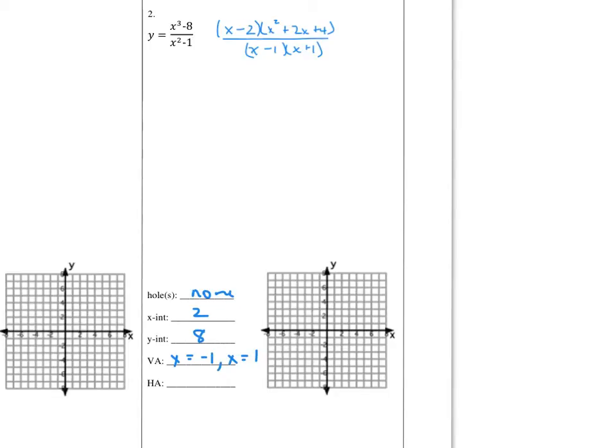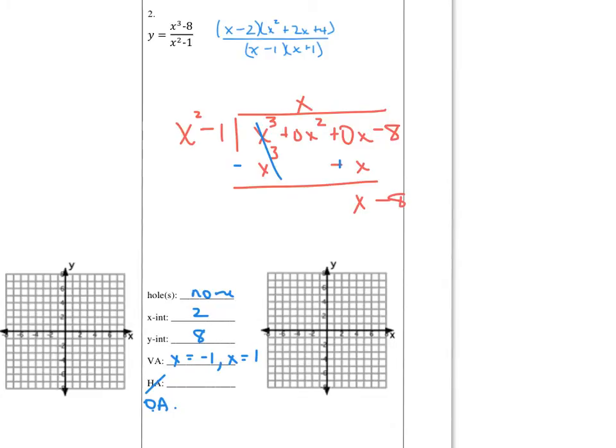Since the degree of the numerator is greater than the degree of the denominator, there is no horizontal asymptote, but instead we do have an oblique asymptote. Again, I'm going to pause the video and show the long division and then come back and we'll finish with the graph.